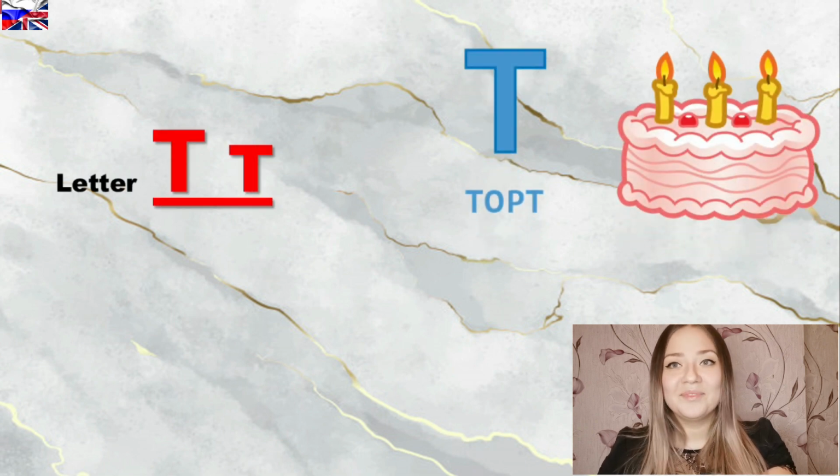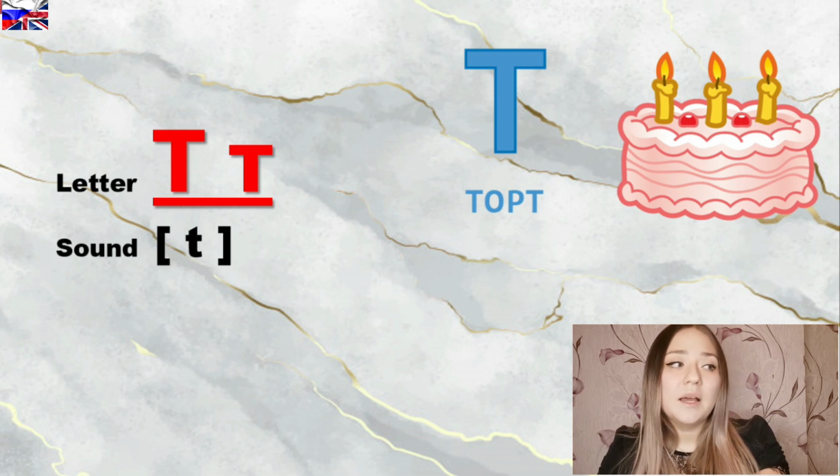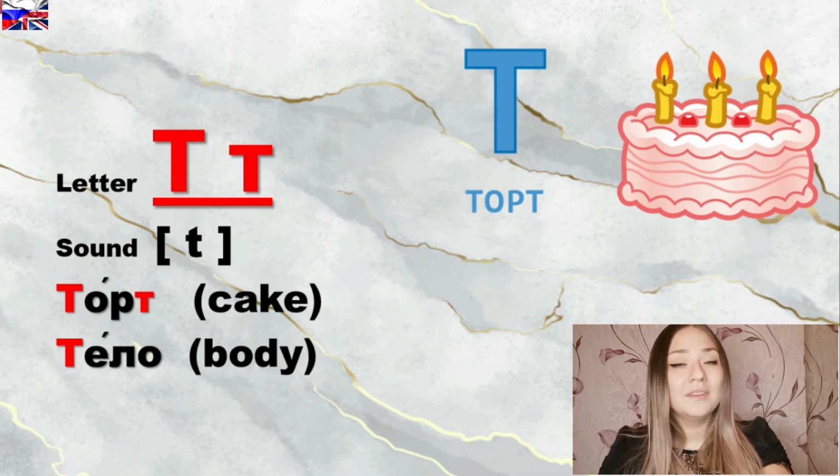The letter T, and the sound T. For example, the word cake. Торт. Or body. Тело.